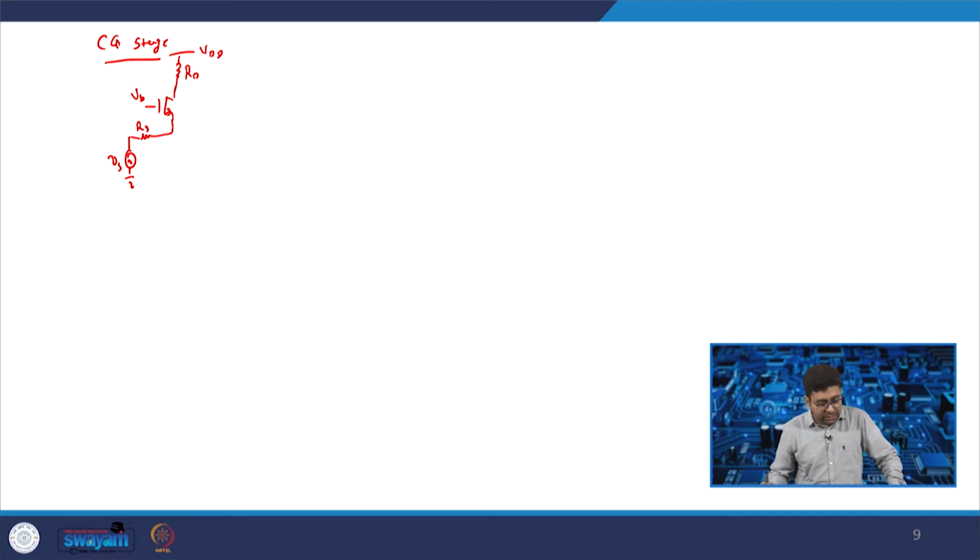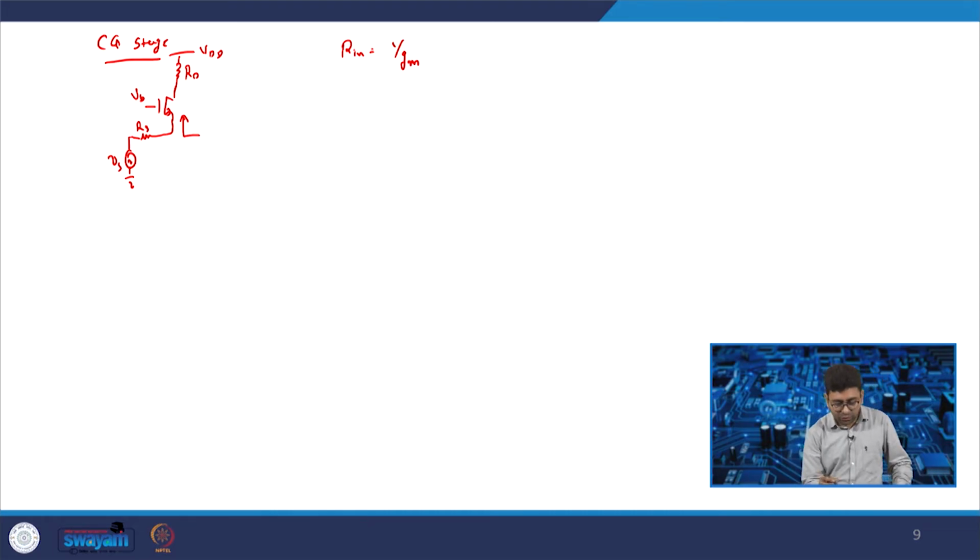Because this is a common gate amplifier, if you try to see the input impedance from this side, in this case it is also 1 by Gm. So the input impedance we got is Rin equal to 1 by Gm.